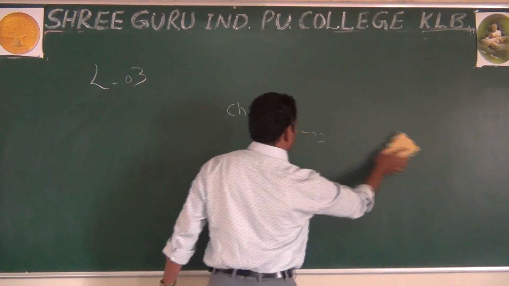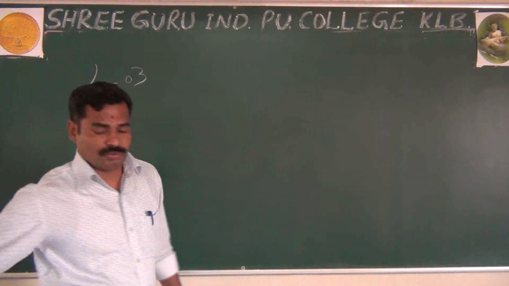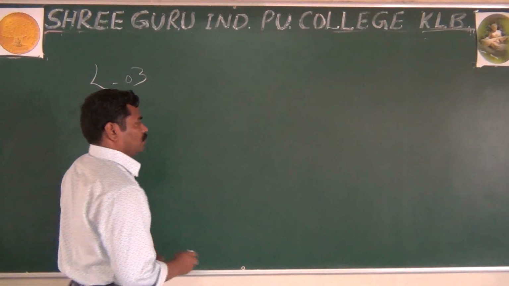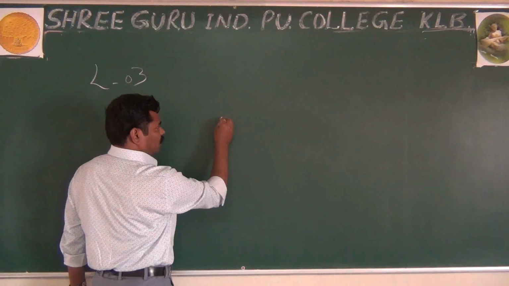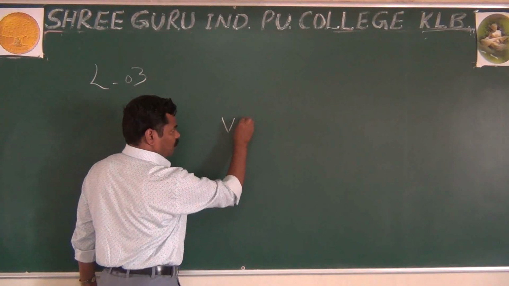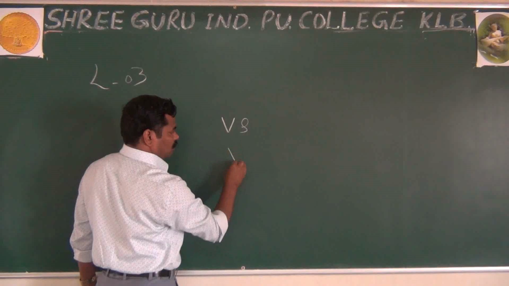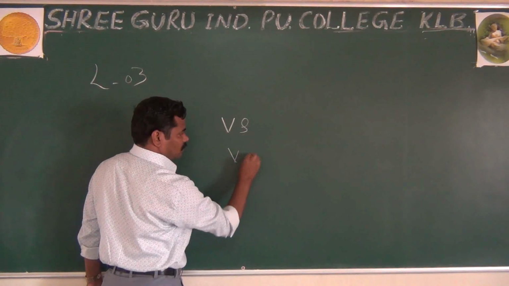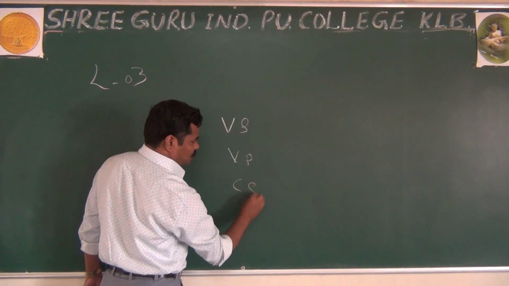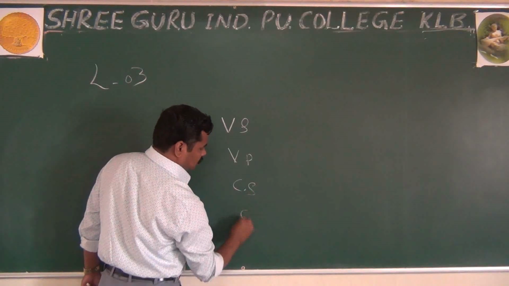Look here, for the different types of feedback, I can write in a simple way: voltage series and voltage parallel, current series and current parallel.